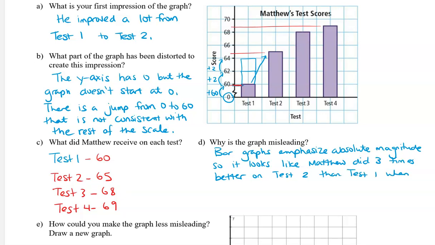When you take a look at the scores that we did in part C, he actually only scored 5 marks better. So he only scored 5 marks better.